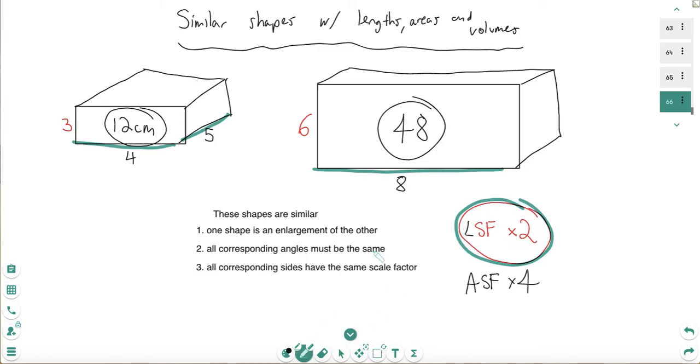So it's going to be times 2, so 5 times 2 is 10. Let's go ahead and find the volume of this shape. To find the volume of a rectangular prism, it's length times width times height. So 5 times 4 is 20, times 3 is 60. And the volume of this shape, length times width is 80, times 6 is 480.